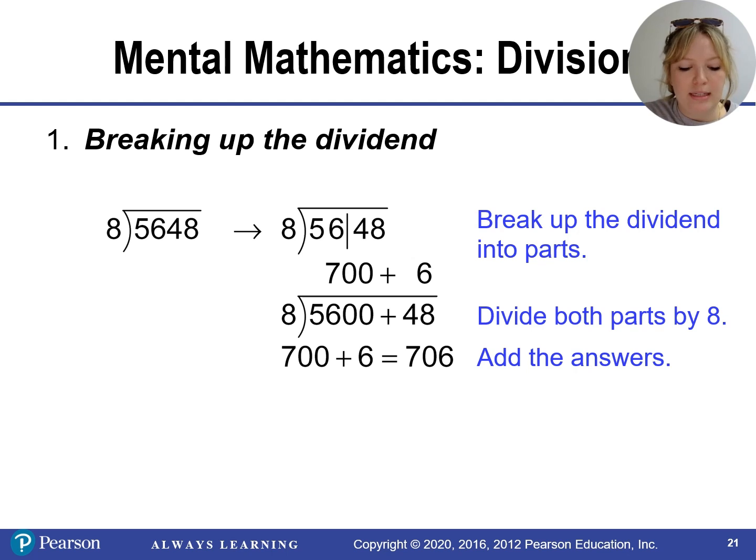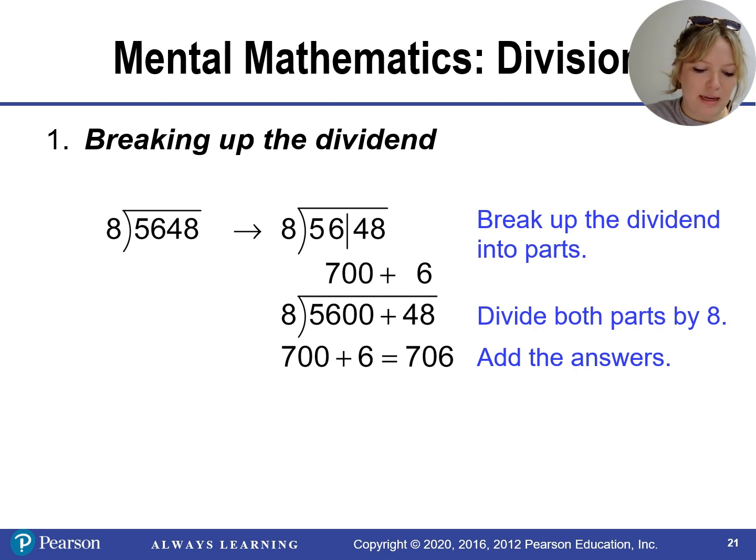But really what is happening is we're dividing 8 into 5,600 because the 56 is where the hundreds value would be placed, 5,600. And so 8 divides into 56 7 times. So 8 divides into 5,600 700 times.